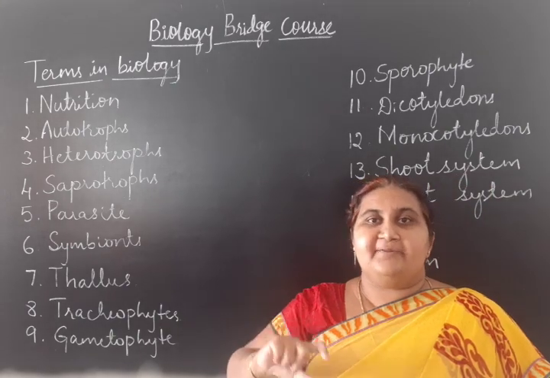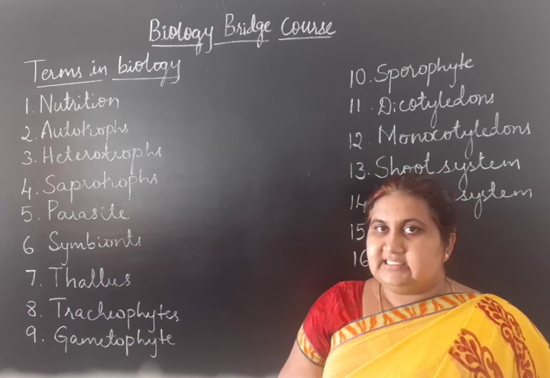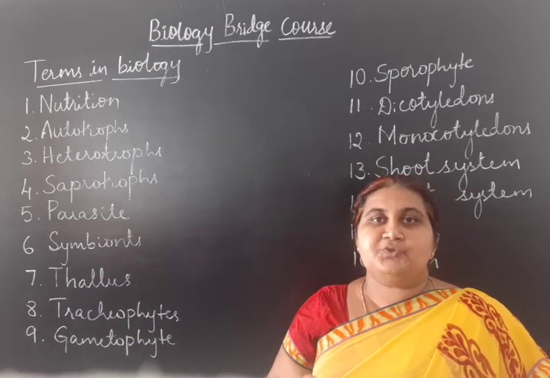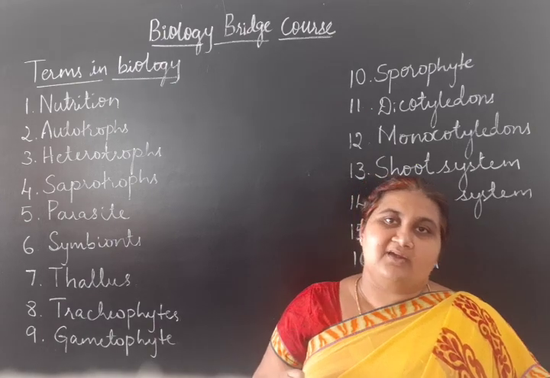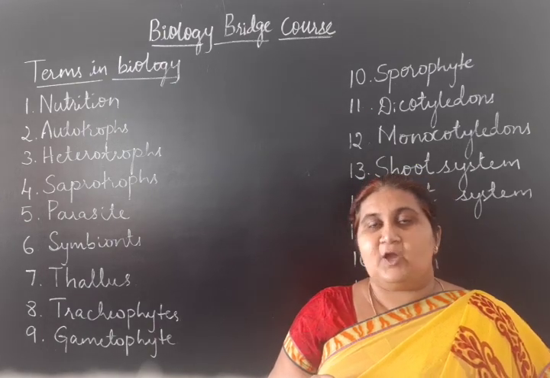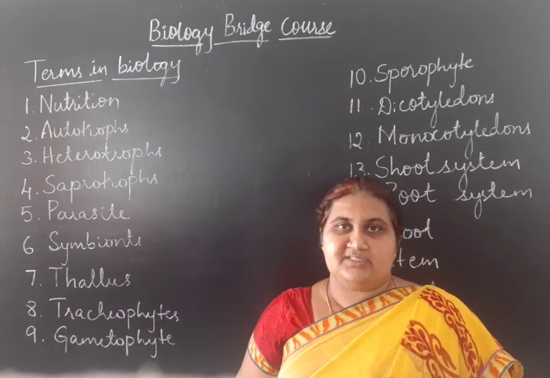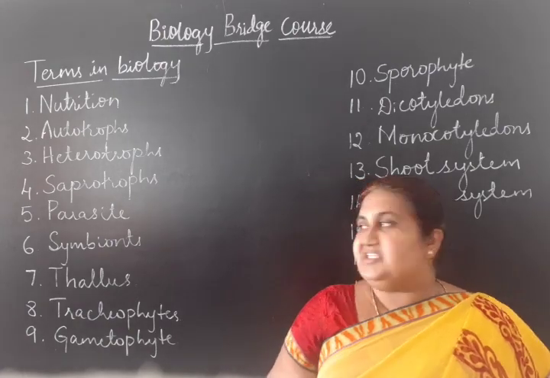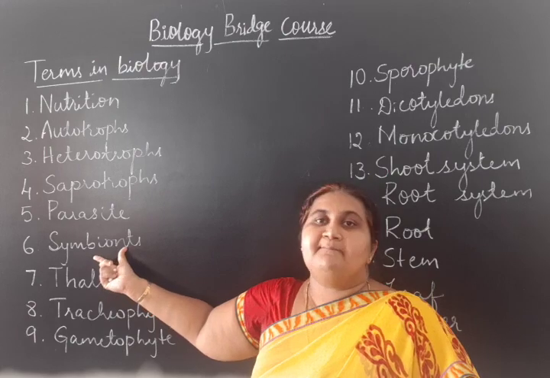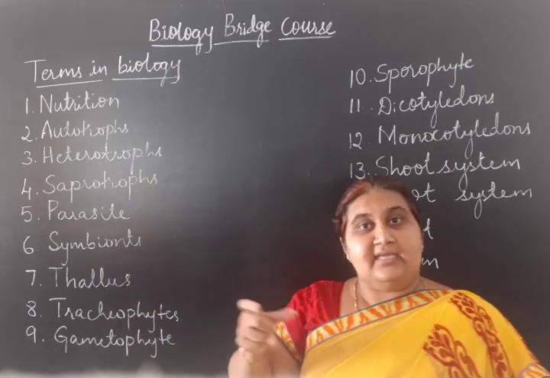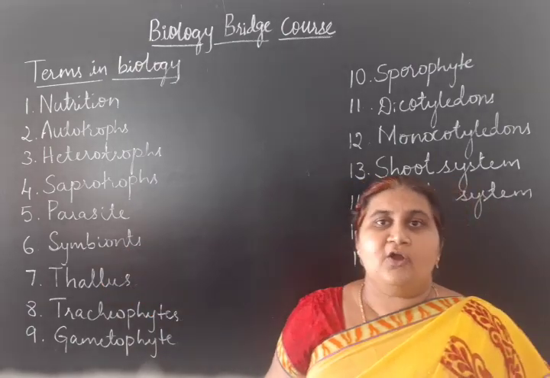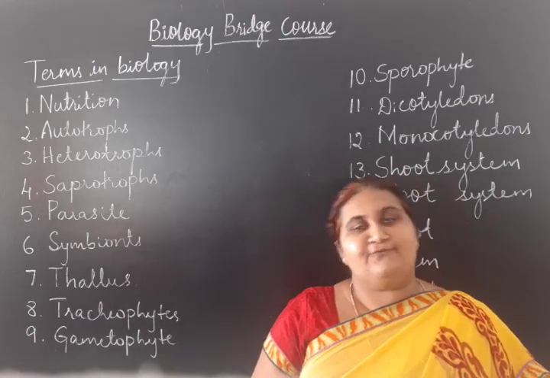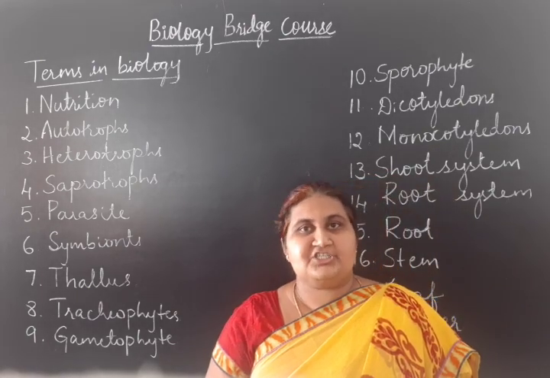Such a type of relationship between two different species is called mutualism or symbiotic association, and the interacting species are called symbionts. In that relationship, one might be dependent on the other for nourishment.